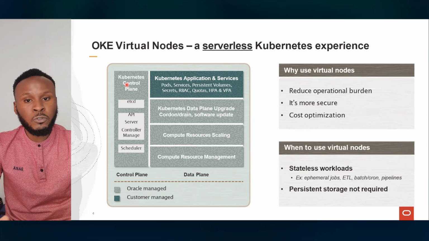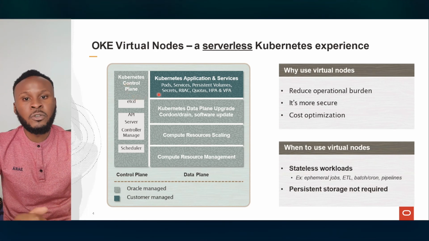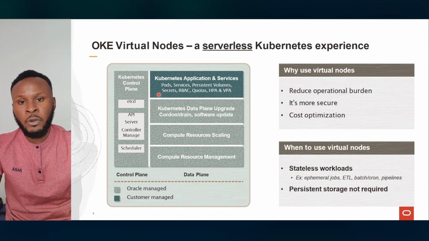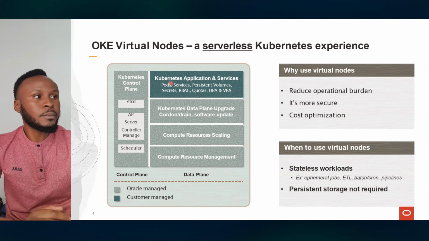With the virtual node, to be specific, we also manage the infrastructure of the worker nodes. And you as the customer only get to manage the applications and the services that you deploy on top of your OKE infrastructure.